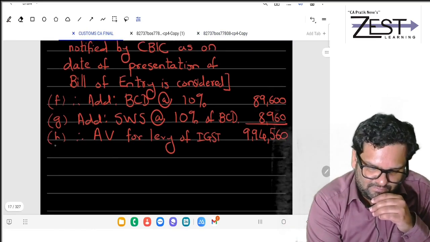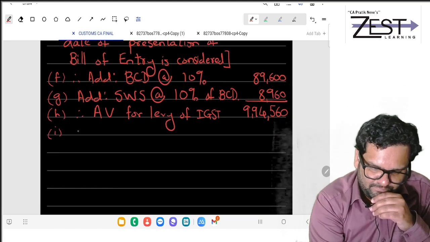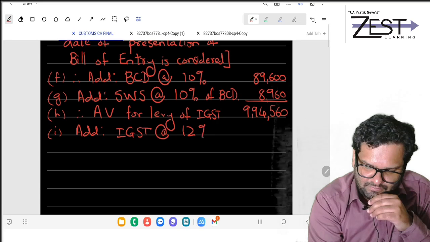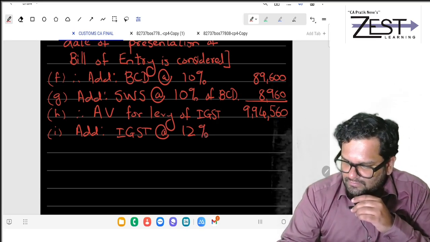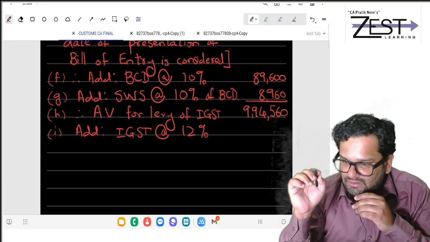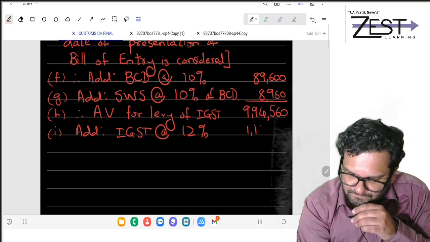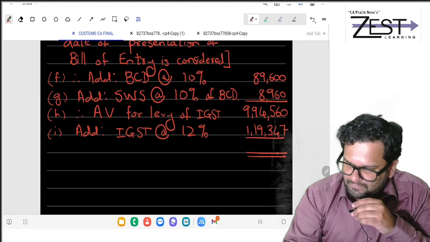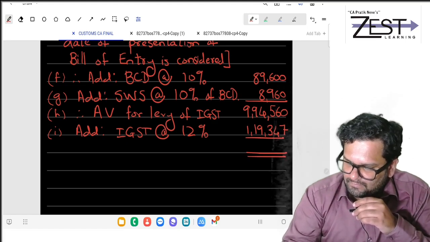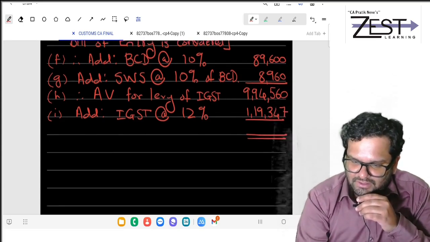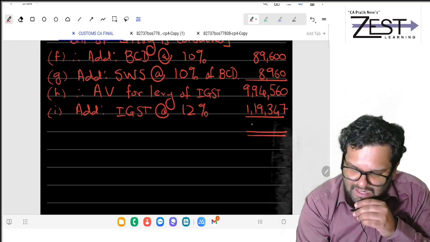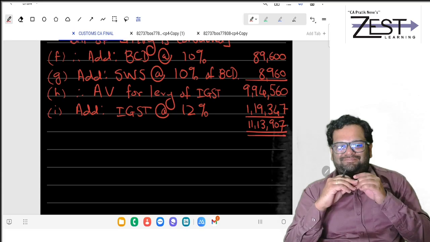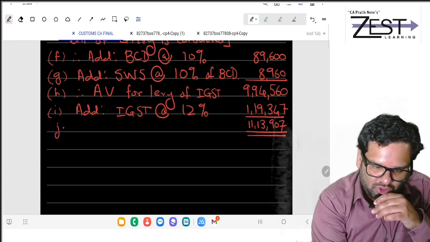Add IGST at 12%, 1 lakh 19,347. Are you getting 11 lakh 13,907 as total cost of imported goods?